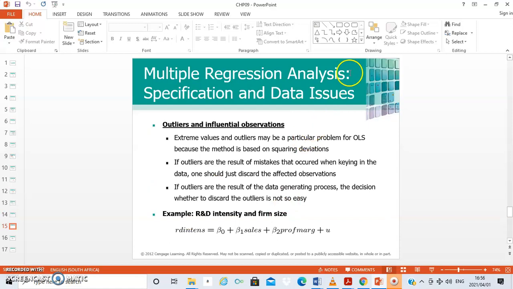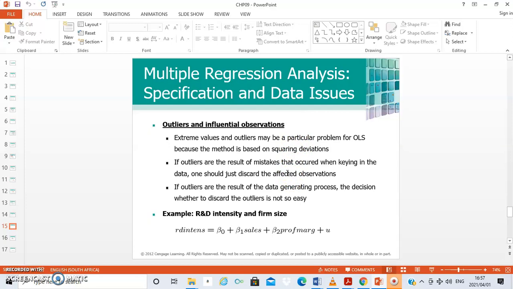And therefore that part relates us to the outliers. Remember that we talk about outliers, which are influential observations, and these are basically where you have extreme values. It's either you have some values that are extremely high, odd values, and this can affect OLS estimation, because the outliers are extreme values.